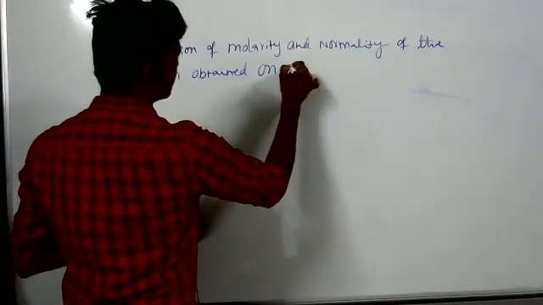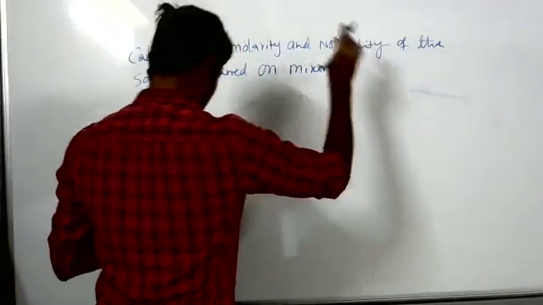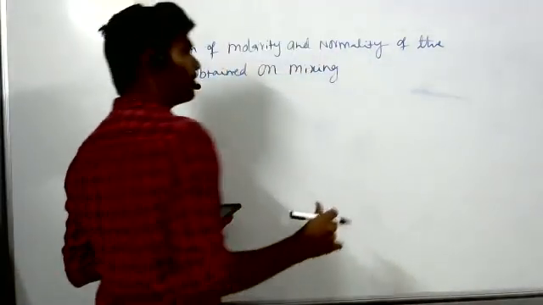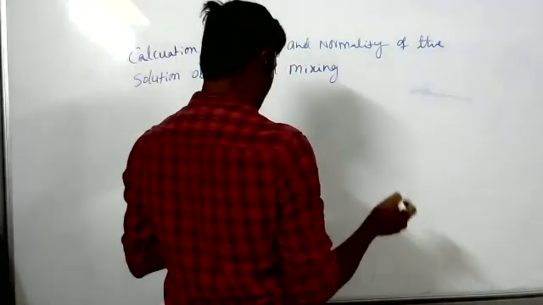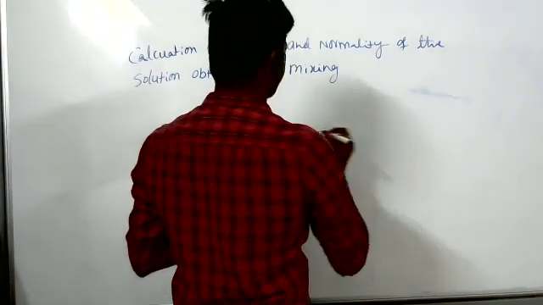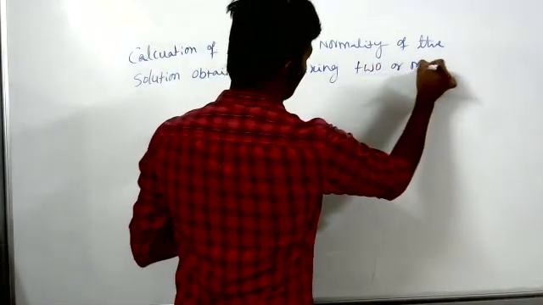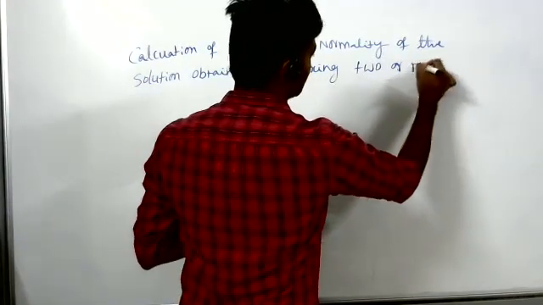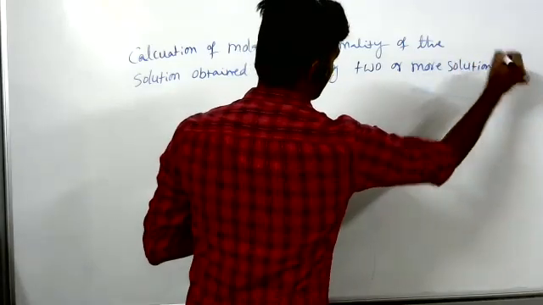The previous relation I wrote was M4 is equal to M1V1 plus M2V2 plus M3V3 by V1 plus V2 plus V3. So this is the subheading.